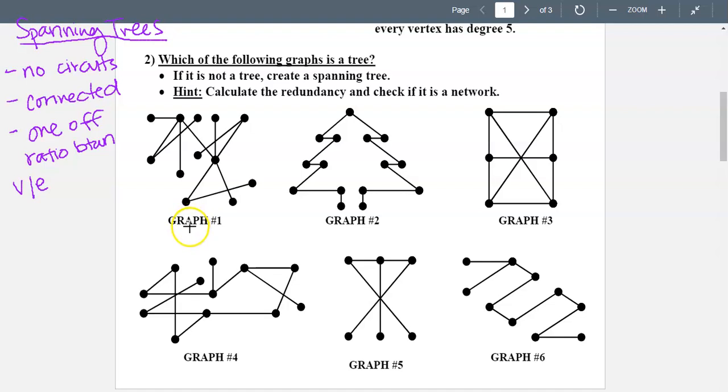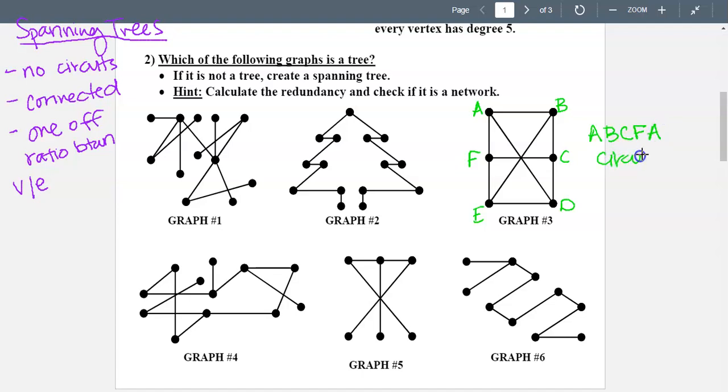Some of them you'll be able to look at and tell just from looking at it whether it's a spanning tree. For instance, if I look at graph number 3, this very clearly has a circuit within it, right? If you were to label each of the vertices, I gave them these letters, I could clearly say that A, B, C, F, A is a circuit.